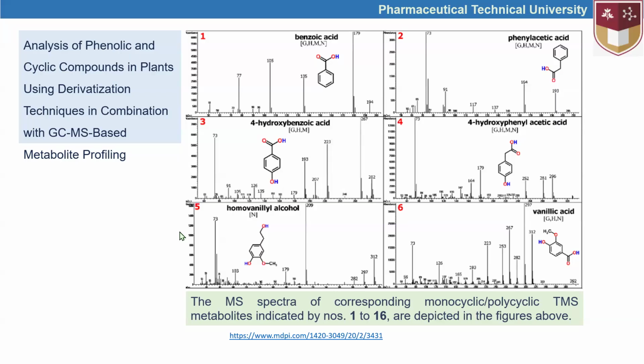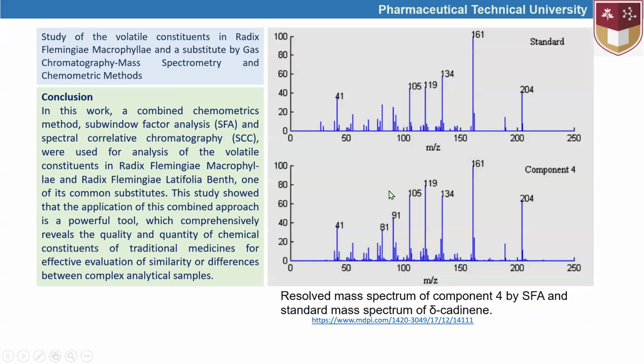Next. And here is another example from a published paper from an MDPI journal. The paper is named Study of the Volatile Constituents in Radix Flemingia microphylla and Its Substitute by Gas Chromatography-Mass Spectrometry and Chemometric Methods.